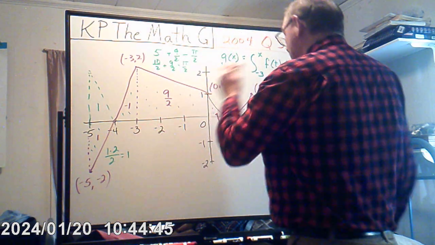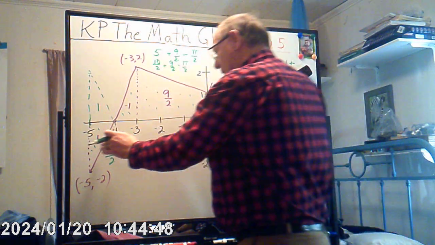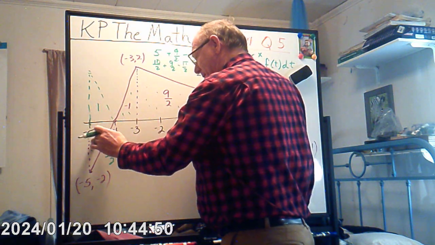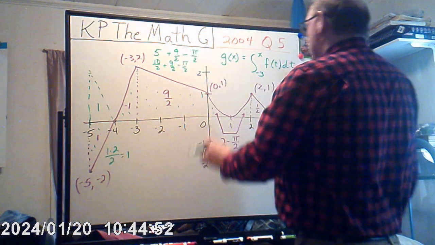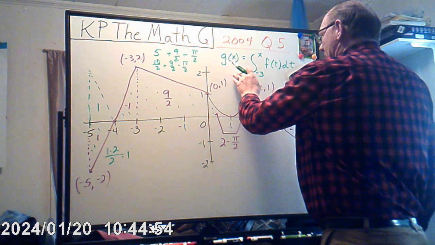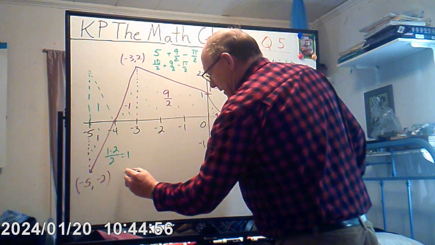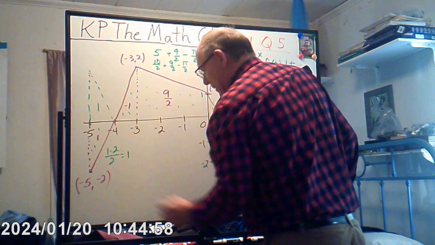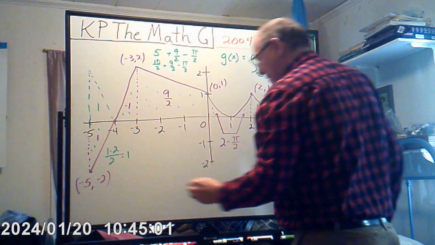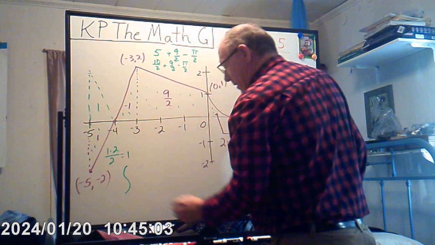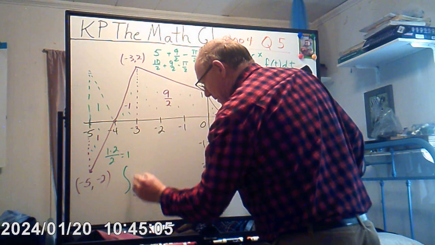Alright, so let me explain why it's 1 down here and not negative 1 down here. According to this, we're saying that g at x is the integral from negative 3 to x.